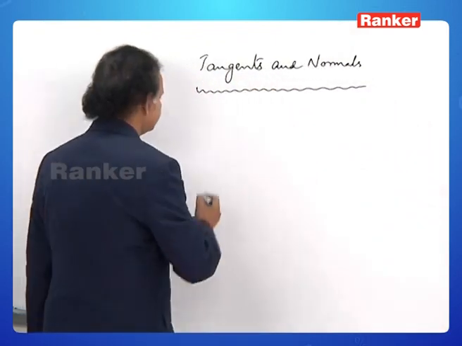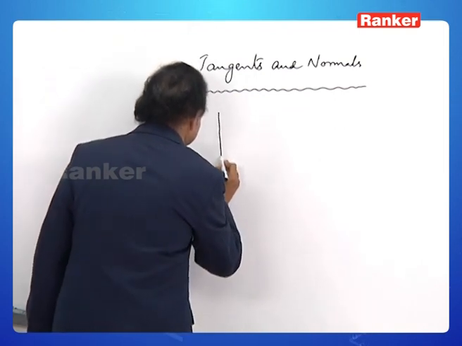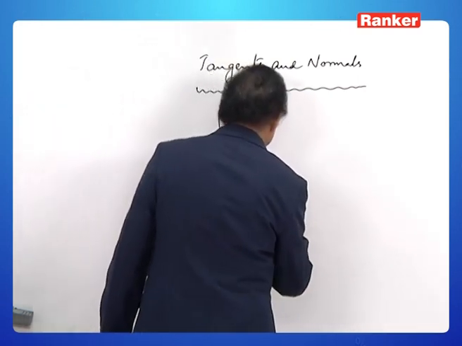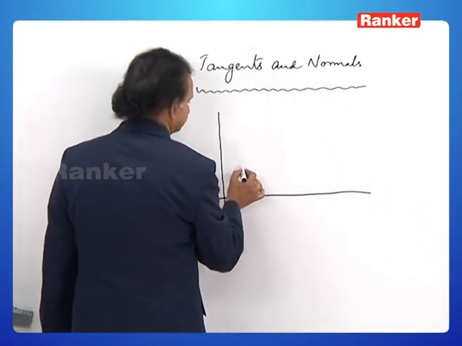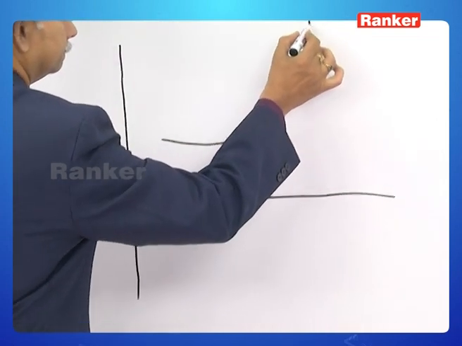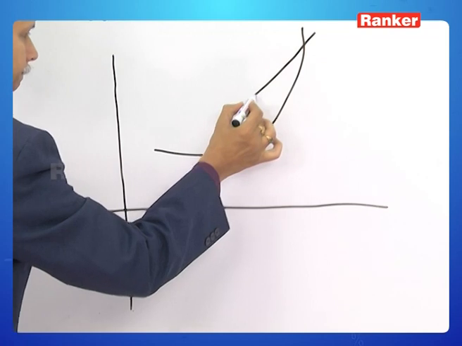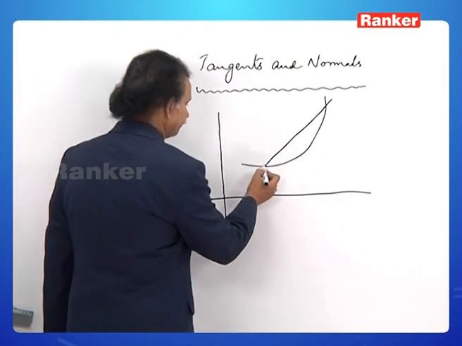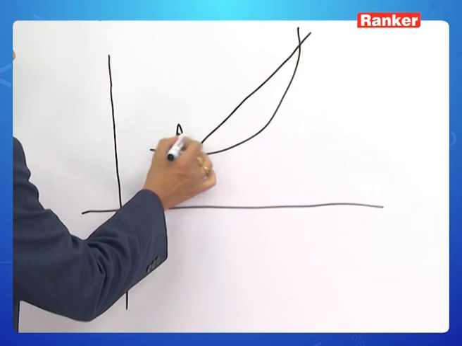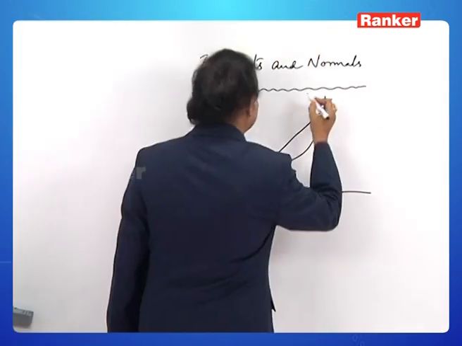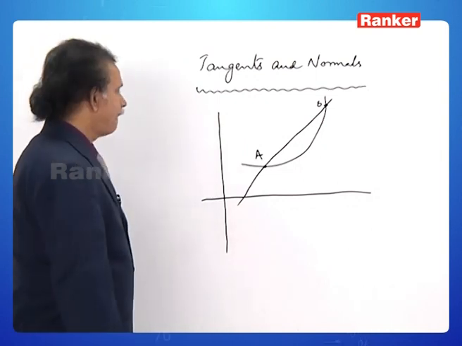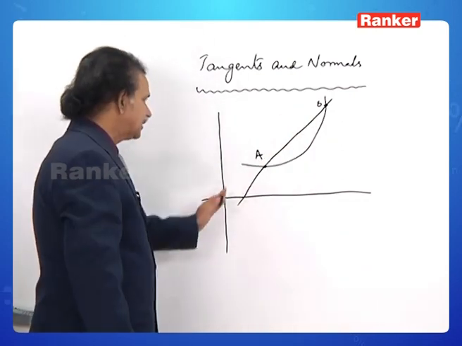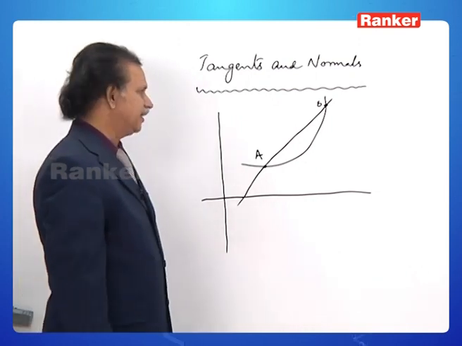Let us observe the graph. Let this be the curve y is equal to f of x. Consider the chord AB, where A and B are 2 points on the graph.